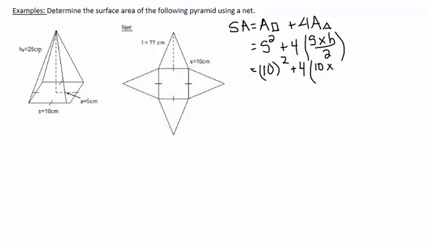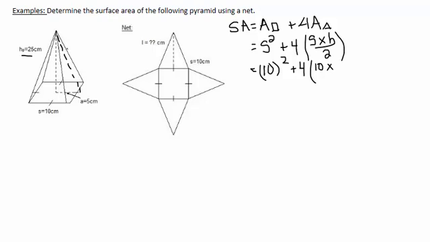This 25 centimeters refers to the height of the entire pyramid, whereas the height of the triangular face is actually this diagonal line here. So hopefully you can see there's a difference between the height of the triangular face and the height of the entire pyramid, which is what we're given.